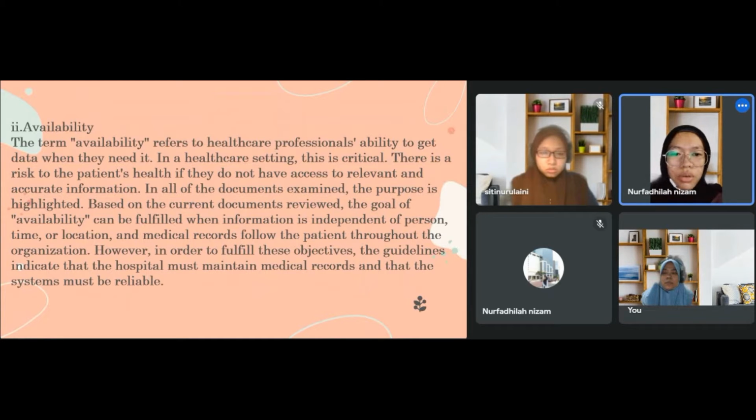The goal of availability can be fulfilled when information is independent of person, time, or location, and the medical record follows the patient throughout the organization. However, in order to fulfill this objective, the guidelines indicate that the hospital must maintain medical records and that the system must be reliable.